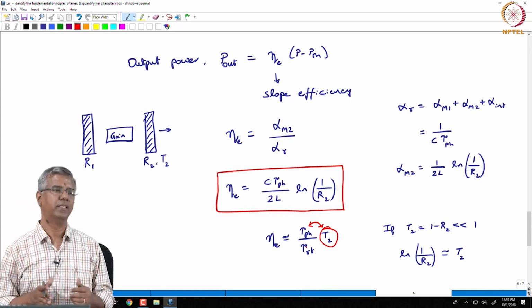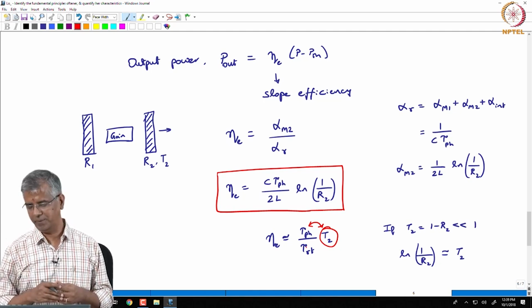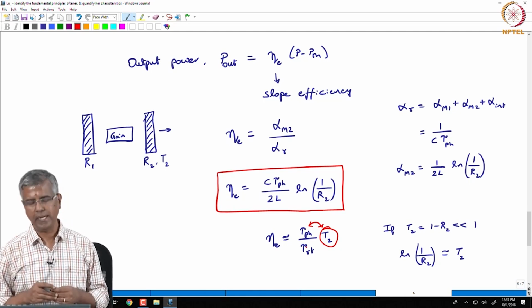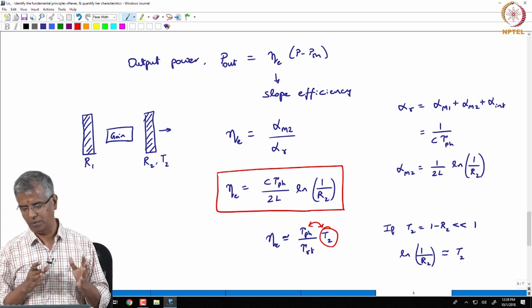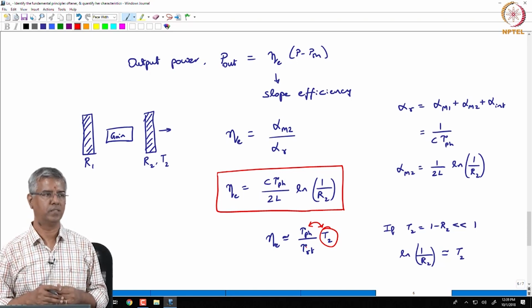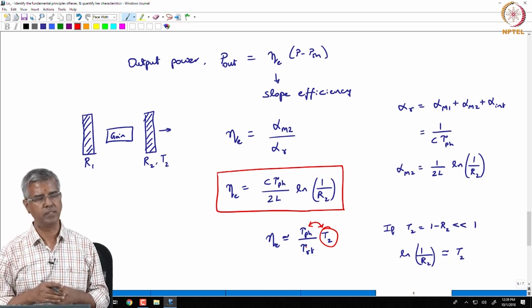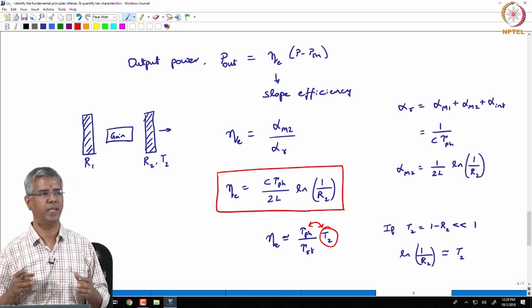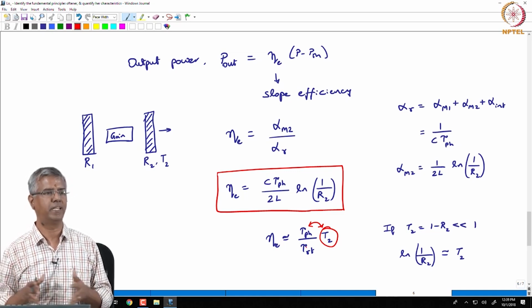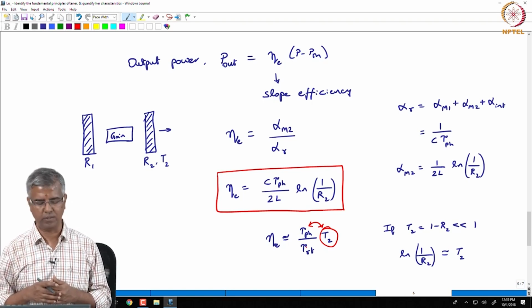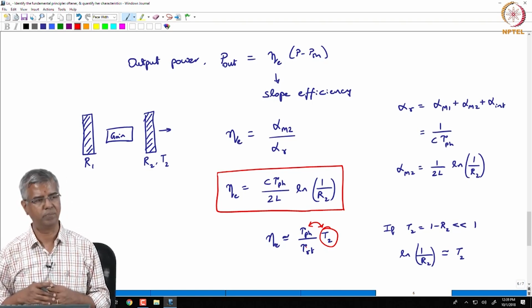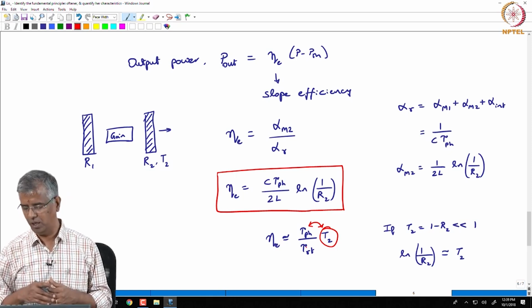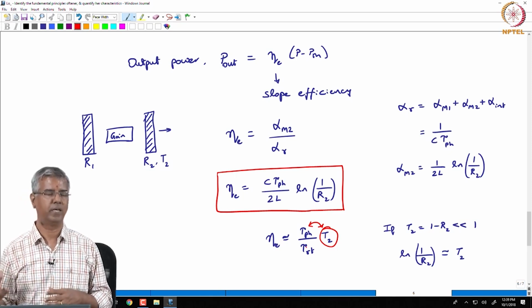On one hand, you can get to very low thresholds, or in this case you can also say very high slope efficiency, by making highly reflecting mirrors, so R1 and R2 are both high values. But in that case you are not extracting much power from the cavity.